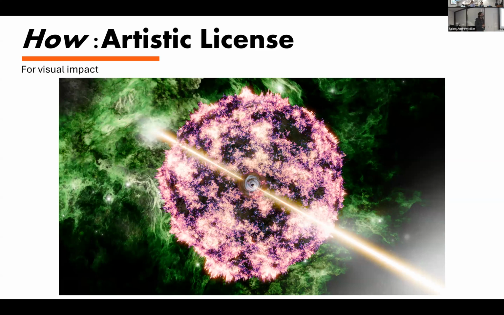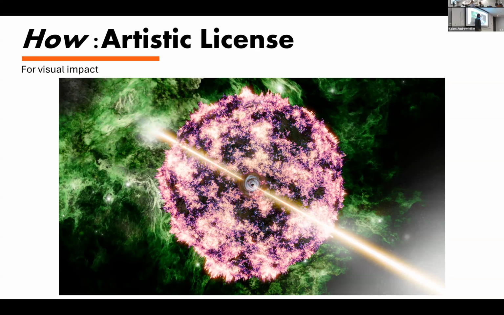This is another example. This is another press release image that I made for a CIERA member here. It's a supernova remnant with a black hole in the middle, this amazing jet coming out of it, and then it's in a star forming region back here. This is completely made up. There's no simulation. I mean, okay, I shouldn't say completely made up.